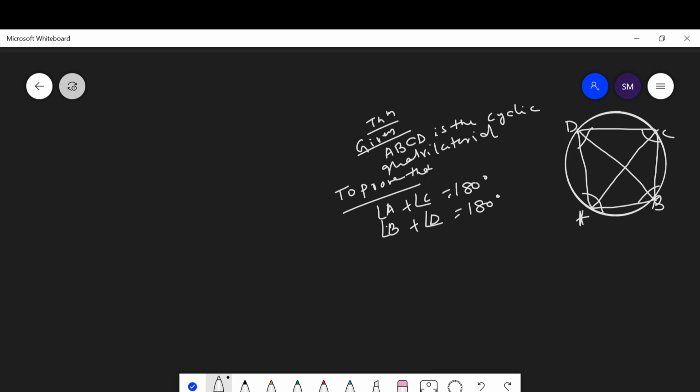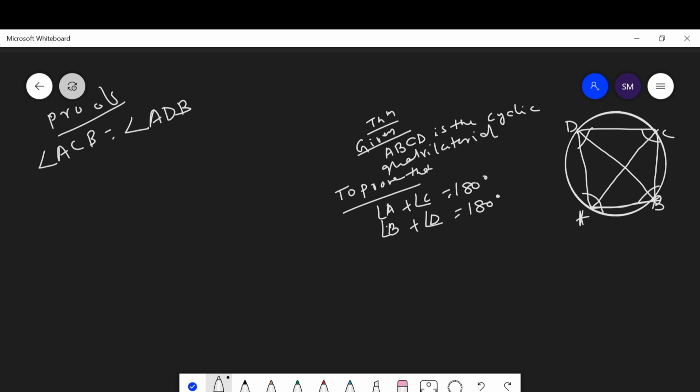Here the proof says: consider AB of the quadrilateral ABCD as a chord. In the quadrilateral ABCD, consider the chord AB, in which angle ACB is equal to angle ADB.